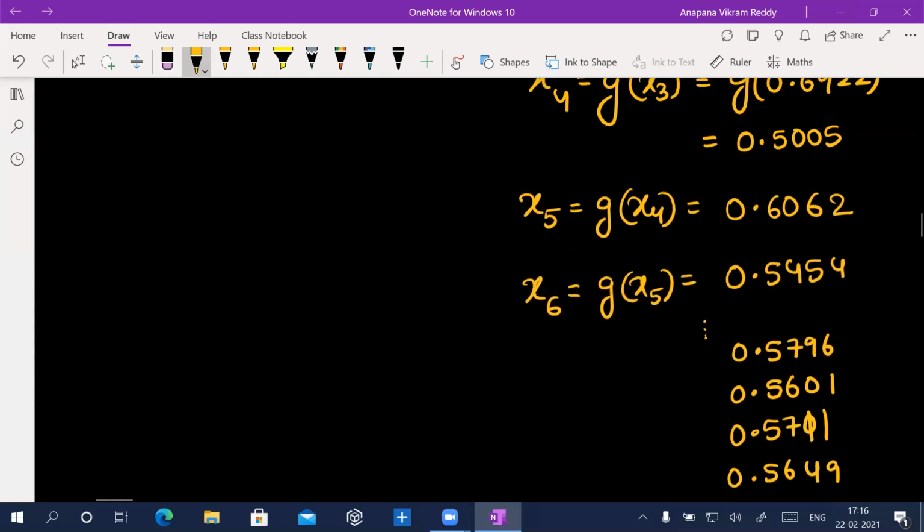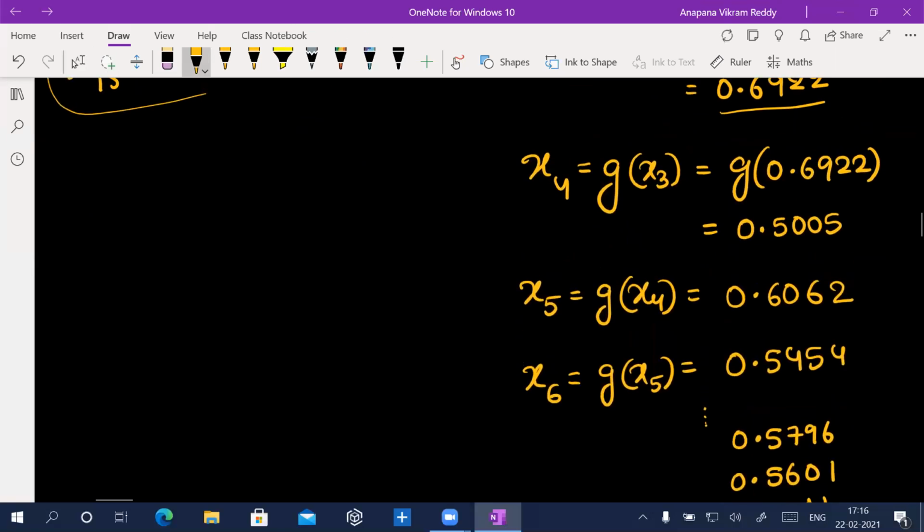So you have linear convergence for this. Like Newton-Raphson method and secant method, for the same question, we enjoyed quadratic convergence, right? It converged very fast. But in this case, see what's happening.